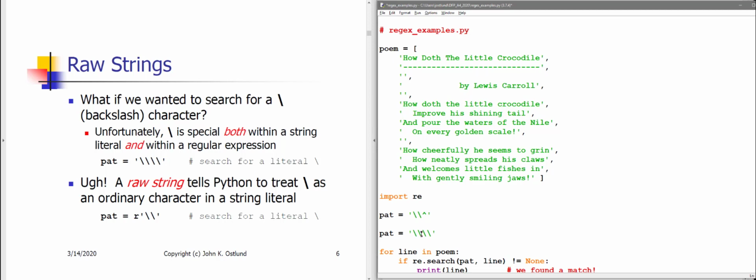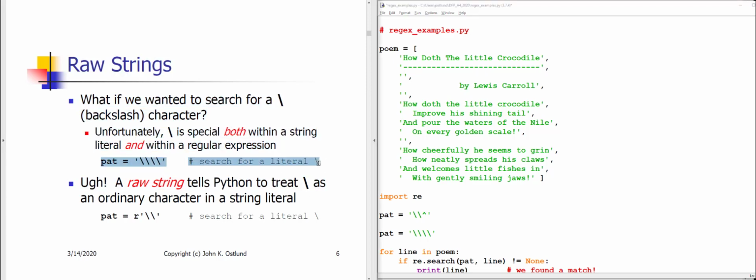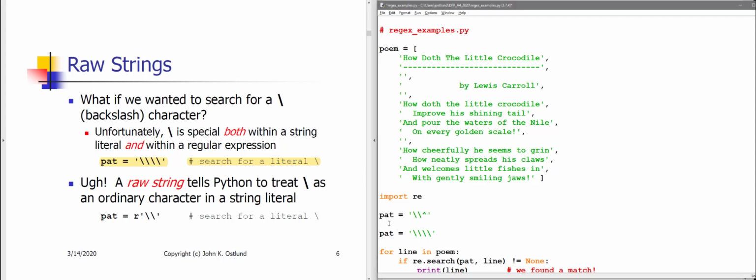This passes a pair of backslashes, which is a literal backslash, as the pattern that I'm searching for. So I need to type 4 backslashes in order to search for a literal backslash in the string that I'm examining.